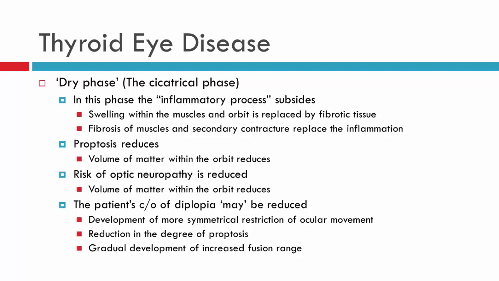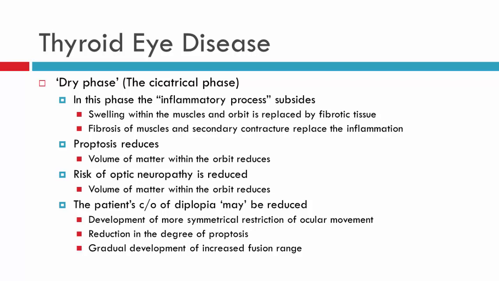So the disease is settling down, and one of the remaining issues that we have is eye movements. And so the patient may continue to complain of diplopia into the dry phase, or it may be reduced dependent on whether both eyes are affected, if there's symmetry, and so forth.